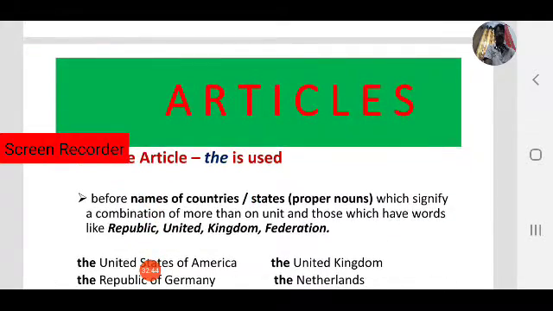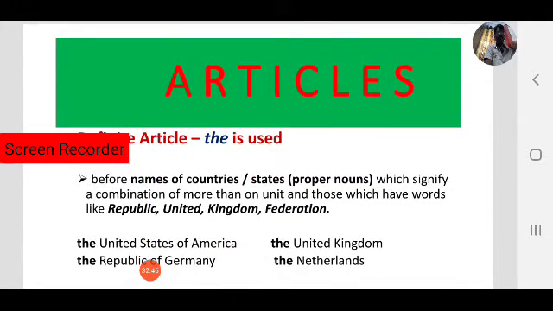Next, another rule. Before names of countries or states, proper nouns which signify the combination of more than one unit, and those which have words like Republic, United Kingdom, Federation. These are proper nouns which signify a combination.